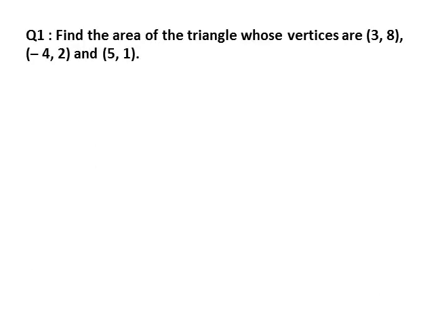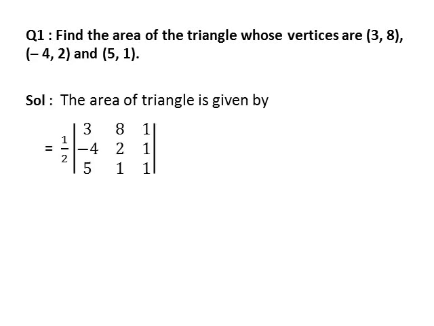Let's discuss some questions. The first one: we have to find the area of the triangle whose vertices are (3, 8), (minus 4, 2) and (5, 1). Now, area of triangle is half multiplied by the third order determinant in which elements of R1 are 3, 8 and 1, elements of R2 are minus 4, 2 and 1, elements of R3 are 5, 1 and 1.